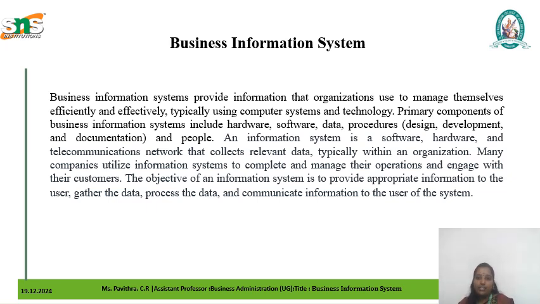Many companies utilize this information system to manage their operations and engage with their customers more effectively and efficiently. Earlier we discussed computer software and hardware, and today we will discuss the third component, that is database.